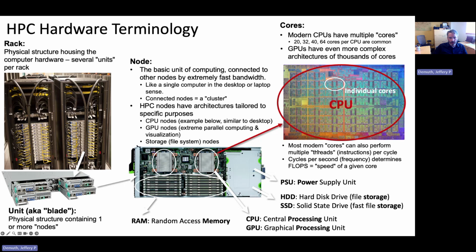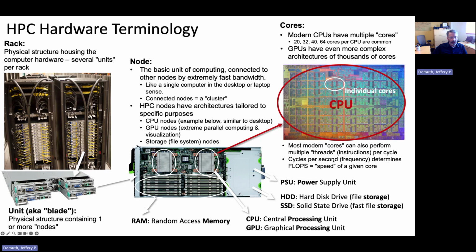Most modern cores can also perform multiple threads per cycle. So a cycle is like one round of doing compute. So some of them can actually do multiple computes per cycle. And then the last sort of element, remember that calculation of flops or the ultimate power of an HPC, is how many cycles they do per second, or the frequency.